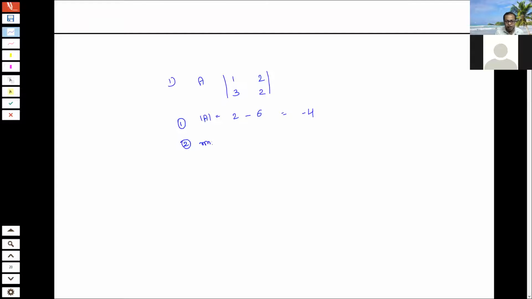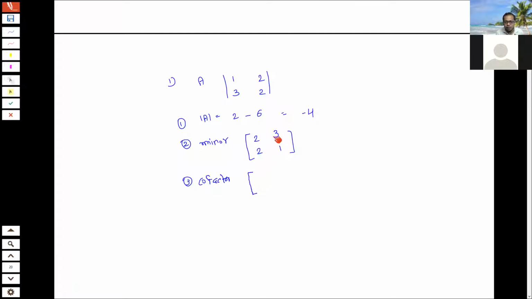Then I can find the minor matrix. How to find minor? 1 and 2 will change position, and these 2 and 3 will change positions. Then I can find what? Cofactor.